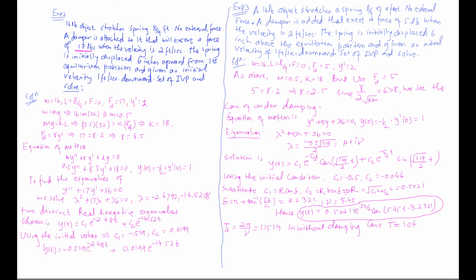For the case of no damping, the origin is a center, while in the underdamped case the origin is a spiral in. So this is the case of underdamping, so you will see the spiral in, if you are talking about the stability of the equilibrium point 0.